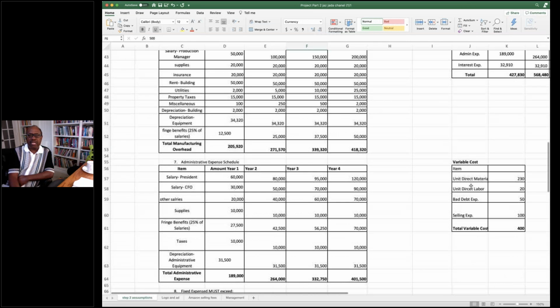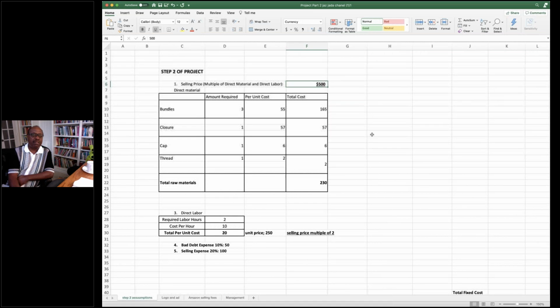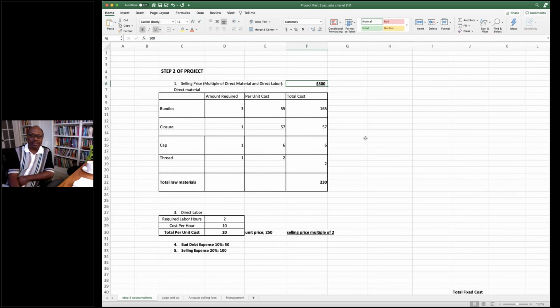So when we get ready to get our unit variable costs: direct materials, labor, bad debt, selling expense, total variable cost. Now each project has different numbers, and not these numbers. Team last year copied these numbers. No, you need your own numbers, not these numbers. Got it? Good.